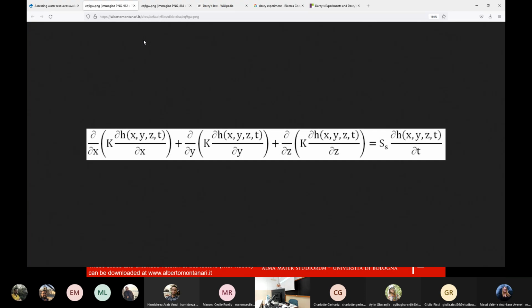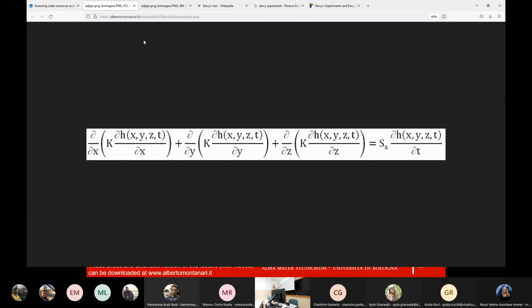So you see that in principle, if I had for any elementary volume a well, I could measure in each point of space and each time H, hydraulic head.